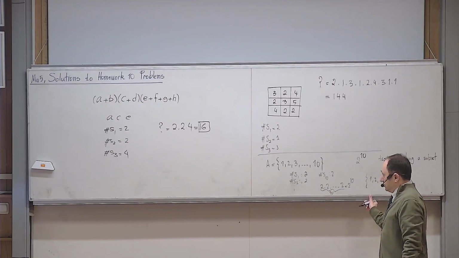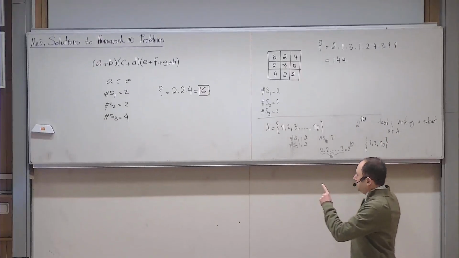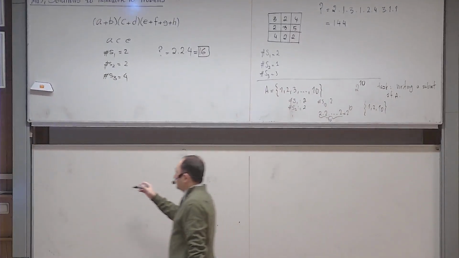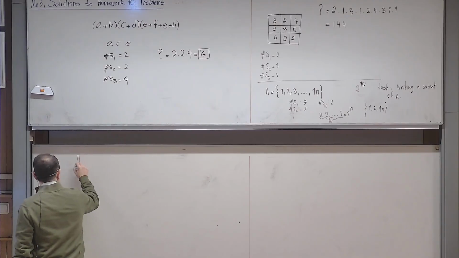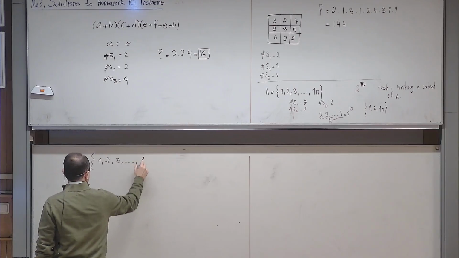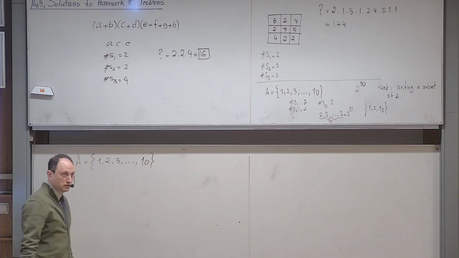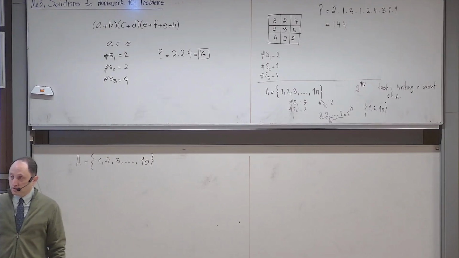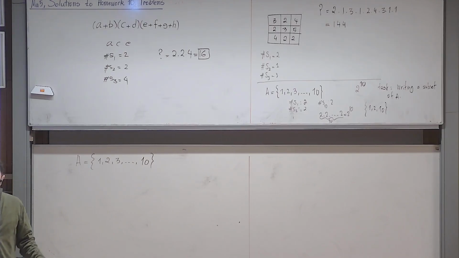Okay, so now let us go to the problem on the homework. So what is the problem on the homework? The same set is given to you, and you are supposed to write a subset, but you have more constraints now. You are obliged to put 3 and 7 there.